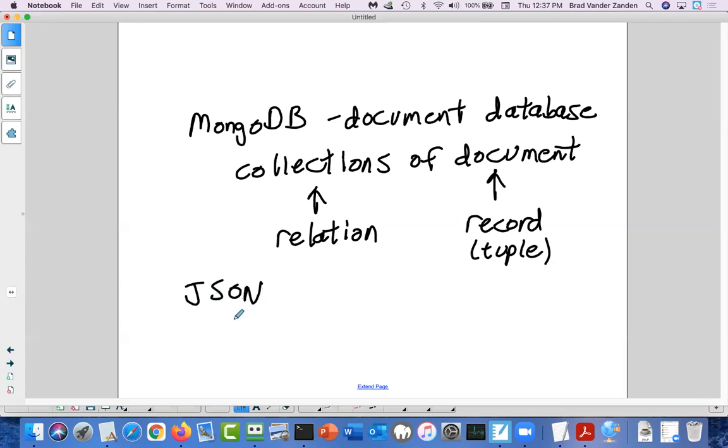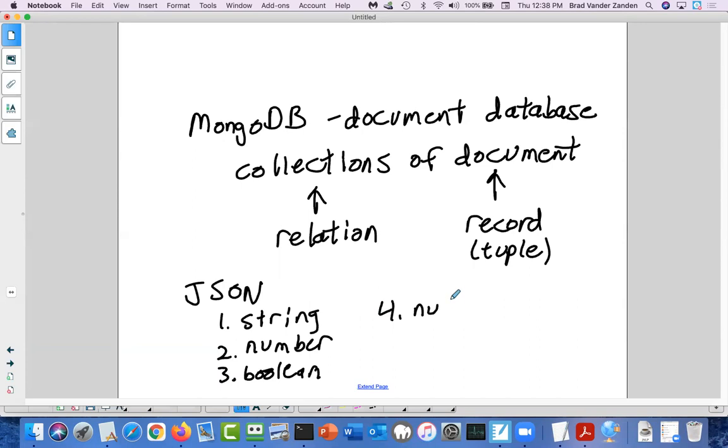And if you looked at JSON, essentially you see that JSON has 6 types. You can have a string. You're allowed to have a number. You're allowed to have a bool, a Boolean. You're allowed to have null. You're allowed to have arrays, which are lists.